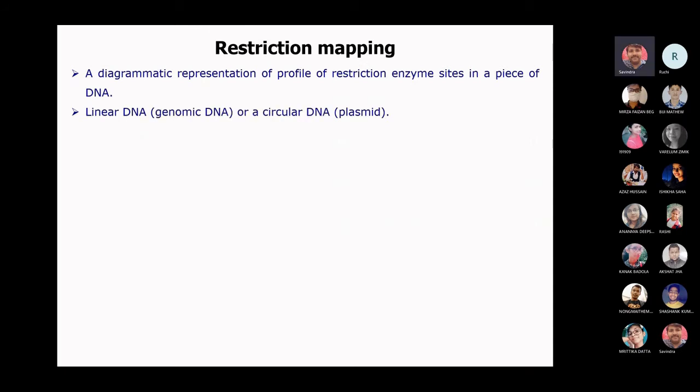It can be done for both linear DNA as well as for circular DNA plasmid, and it tells us how far the two restriction sites are away from each other.